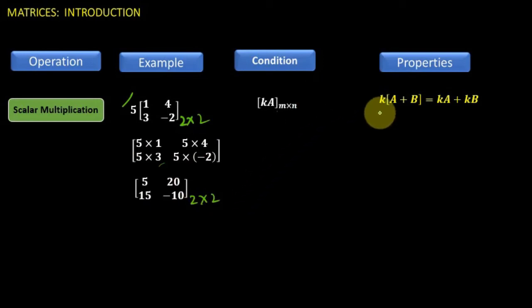Okay. See, one property is K into (A plus B) is equal to KA plus KB. Means what? If I am having two matrices A and B, right?